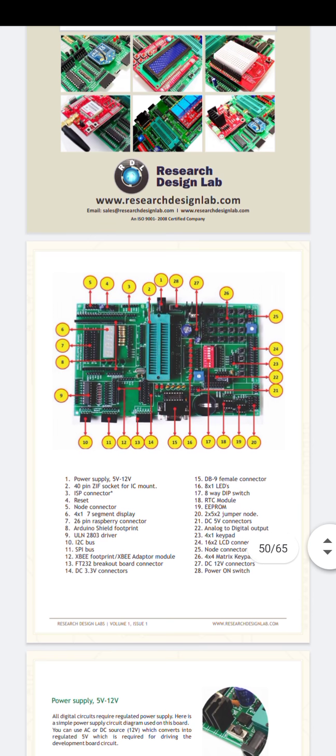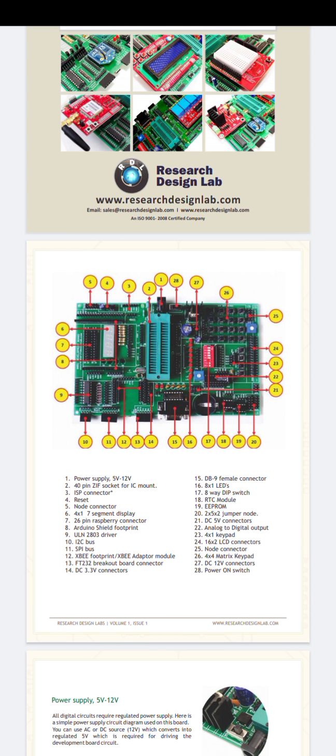Arduino shield footprints, which are for Arduino parts. Then the ULN2803, which is the driver IC. I2C, the inter-integrated circuit bus, and the SPI bus are also used. Footprints and adapter modules are used.